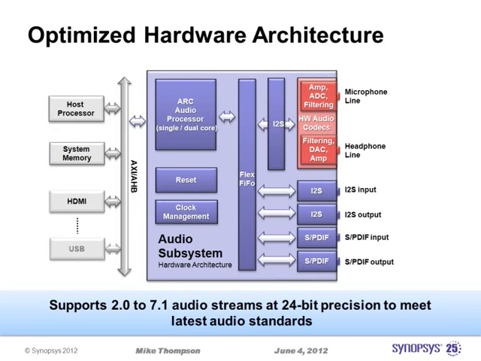So this is the hardware portion of the audio subsystem. What's in light blue is the subsystem itself. It includes a processor, some buffering, memory, a number of interfaces. On the bottom, I2S and SPDIF are obviously digital interfaces. What's in orange there is the analog interface.